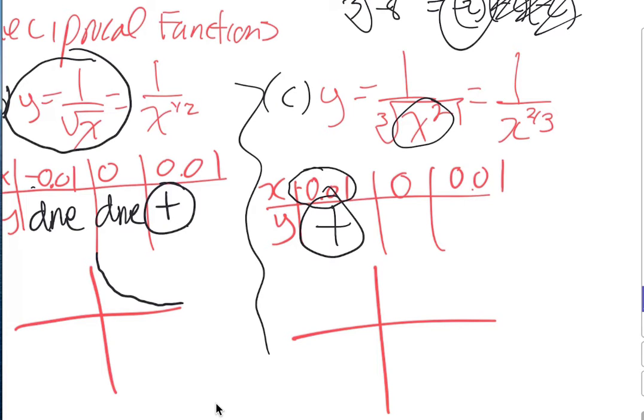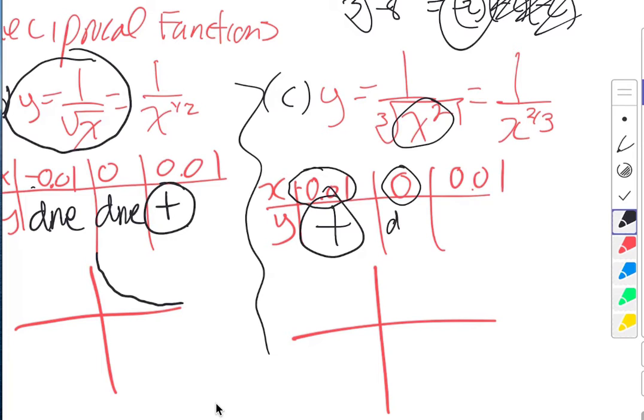Okay, am I allowed to divide by 0? No, it does not exist. And then, what about if I sub in 0.01? Well, I'm squaring it, which is going to make it even smaller, and so 0.01 times 0.01 is a really small number.